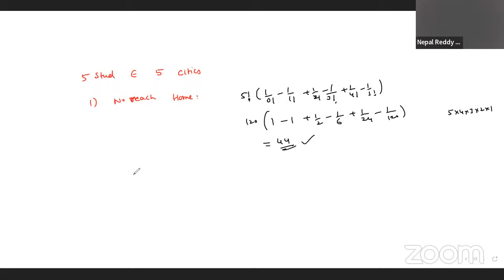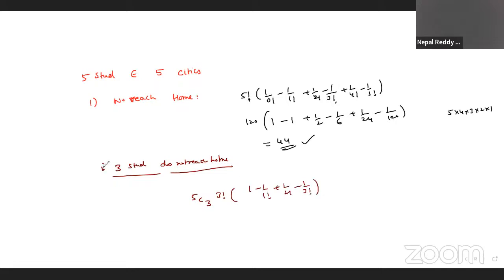Next question. Suppose the question is, only 3 students do not reach home. That is the condition. Out of 5, you have to choose 3, into 3 factorial, into 1 minus 1 by 1 factorial plus 1 by 2 factorial minus 1 by 3 factorial.